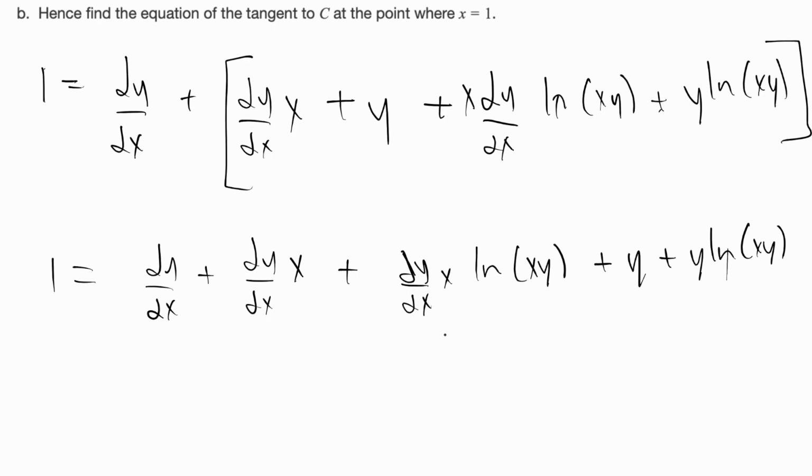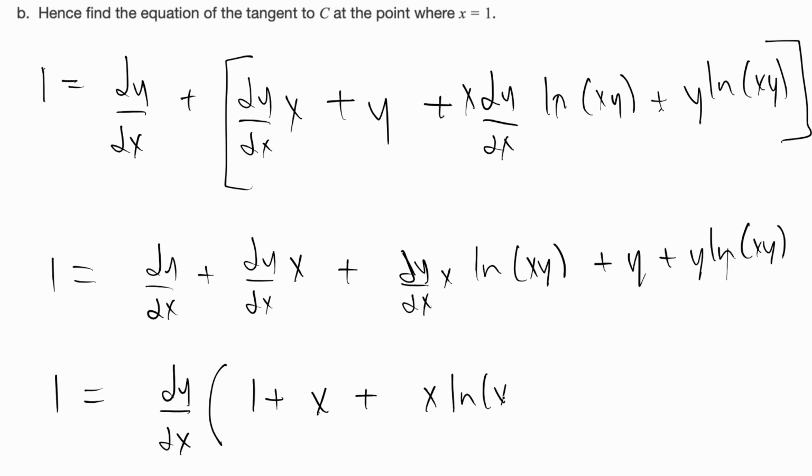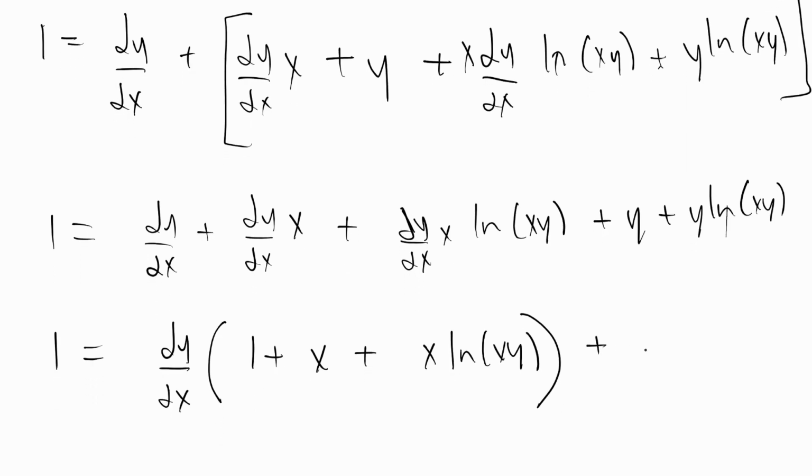Now we can actually factor out a dy by dx from this equation. So let's do this. 1 is equal to, if we factor out a dy by dx, inside this bracket we get 1 plus x ln of xy, right? That's inside one bracket, and then here we get y plus y ln of xy.